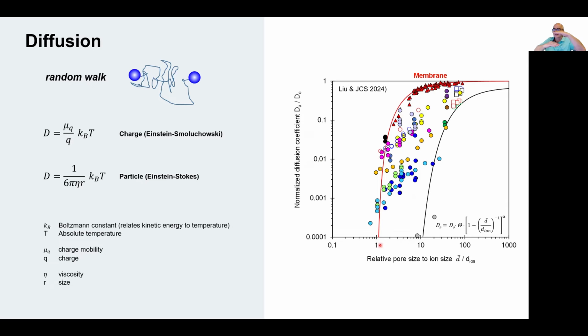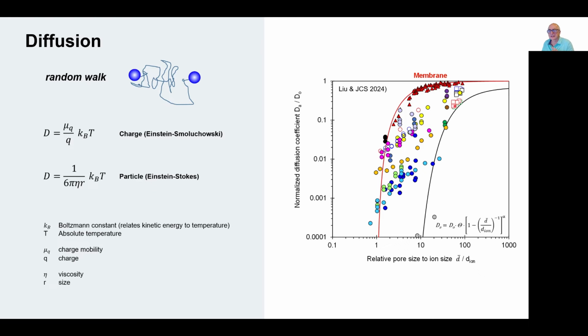Clearly, if the pore size becomes the size of the ion, then the diffusivity has decreased by 4 orders of magnitude. In general, when the pore size is 100 times larger than the ion, then pore size does not affect diffusivity. We still have the tortuosity effect.